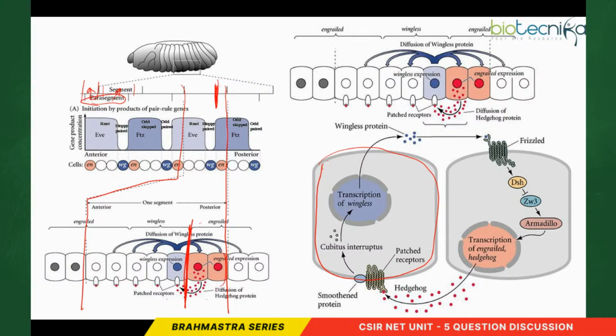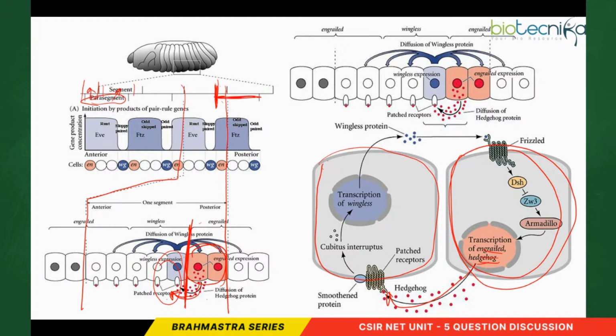Engrailed: the cells present in the posterior end of the segment are making engrailed and hedgehog. These cells will be releasing hedgehog, and it would bind to the cells just anterior to them. Actually, sorry, engrailed is present in the anterior portion of the parasegment, because this is the parasegment.